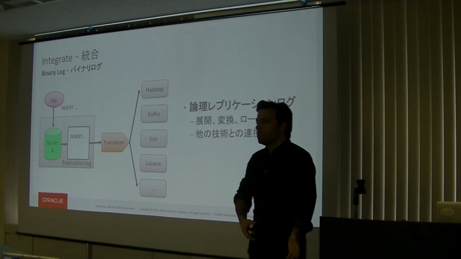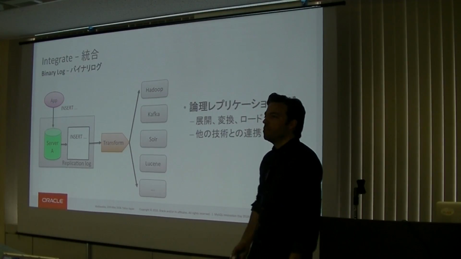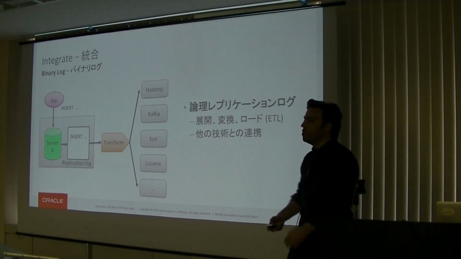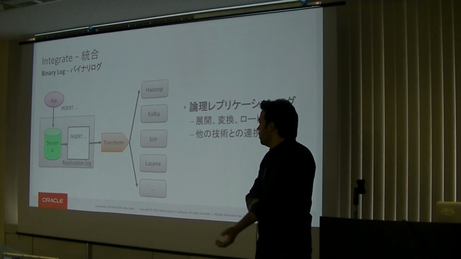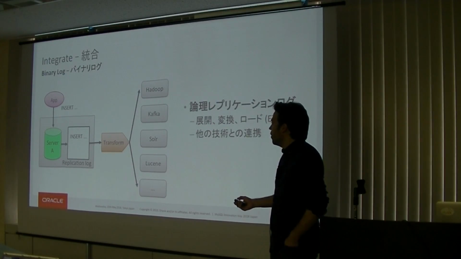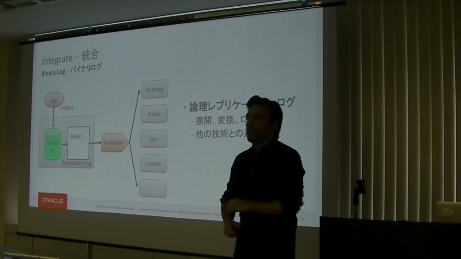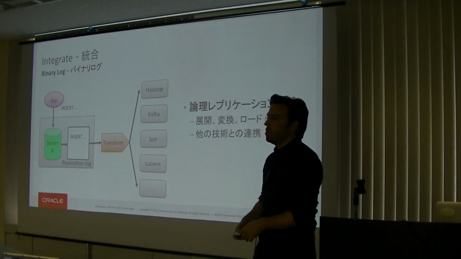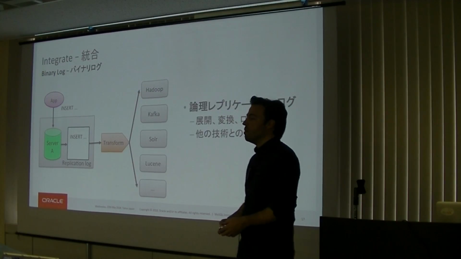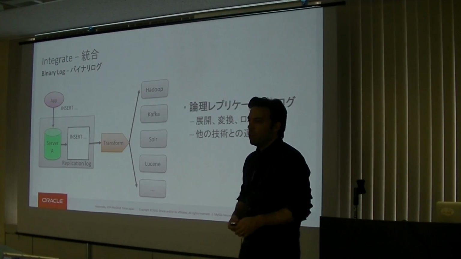Like the bin log is mined, transformed, and then loaded into some other systems like Hadoop, Kafka, Solr, Lucene for better indexing and text searching and so on and so forth, or just to feed downstream consumers that are not exactly MySQL servers, as maybe it's some cache system that needs to be invalidated and so on. So this is one thing that we continuously work on.